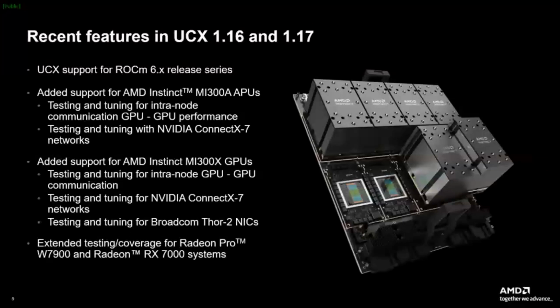Basically, for MI300A, intranode GPU to GPU performance testing and tuning was done, as well as later on testing with NVIDIA ConnectX-7. For MI300X, basically the same intranode testing and tuning as well as internode testing and tuning, both with NVIDIA ConnectX-7 and the Broadcom Thor 2 NICs.